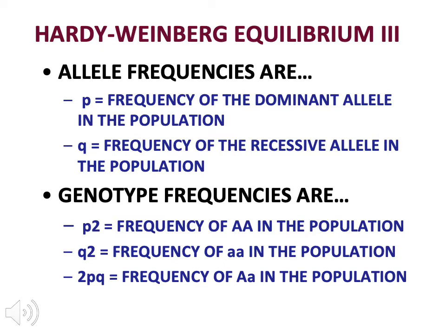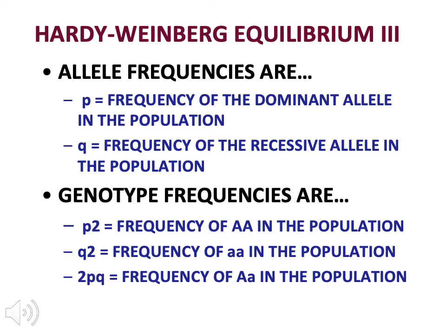Q, on the other hand, is the frequency of the recessive allele in the population, and likewise, if 25% of the loci in the population is occupied by that recessive allele, well, then Q is going to be 0.25. If 50% of the loci in the population is occupied by the recessive allele, well, then Q is going to be 0.5.